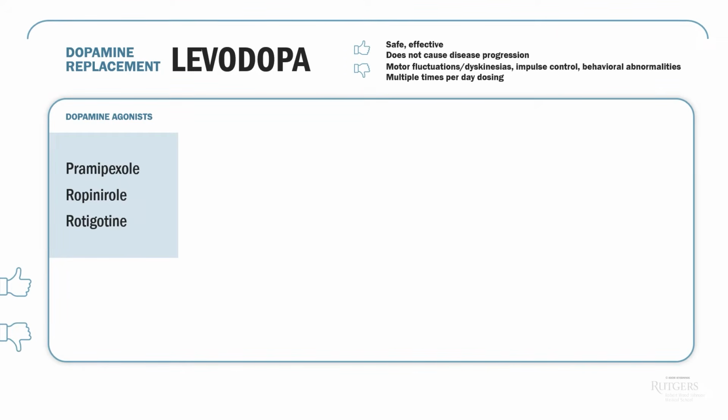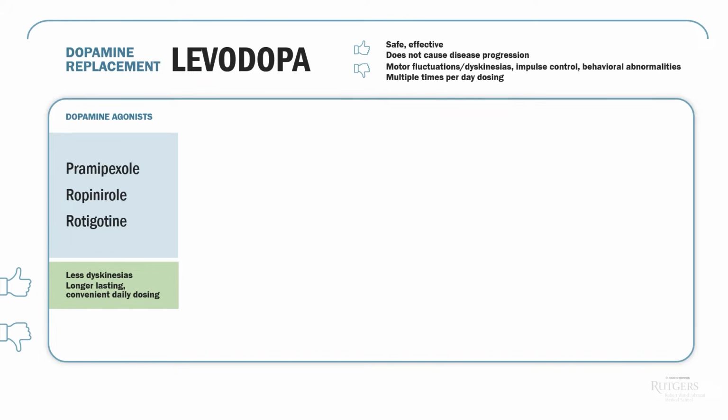Dopamine agonists like pramipexole, ropinirole, and rotigotine directly stimulate dopamine receptors. Unlike levodopa, dopamine agonists are less likely to cause hyperkinetic movement side effects, especially in younger patients. Because of their longer half-life, they have the advantage of having once-daily formulations.